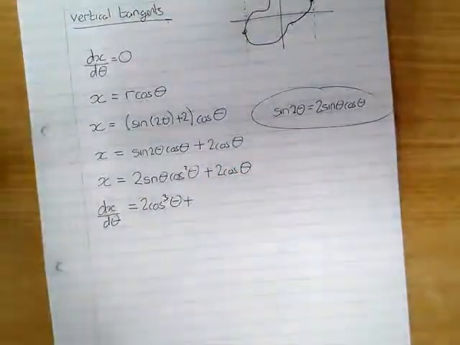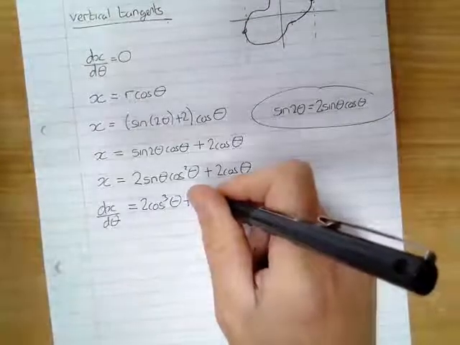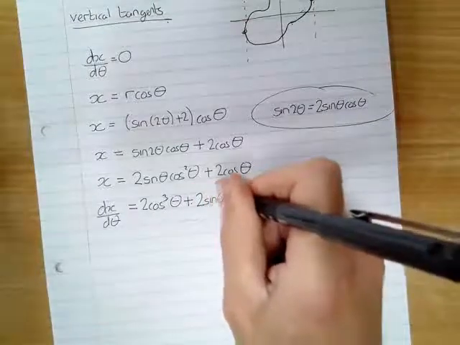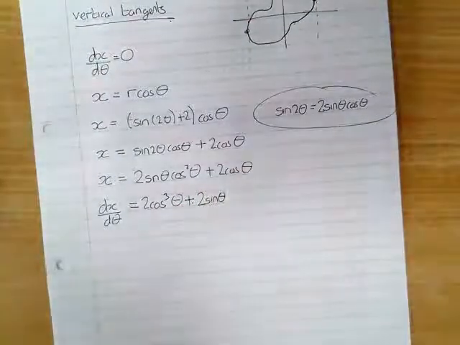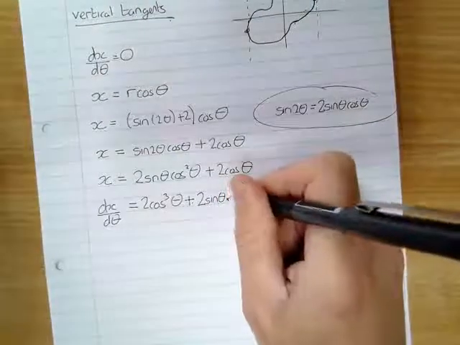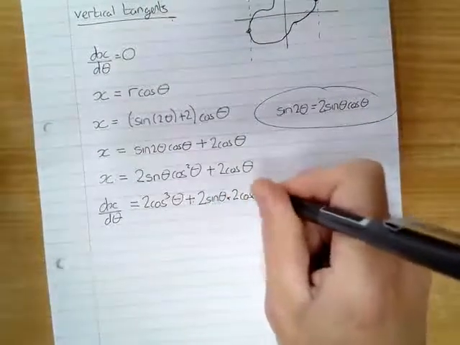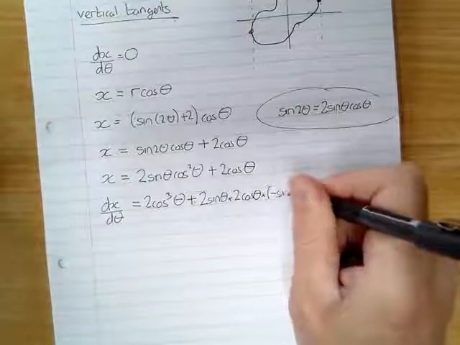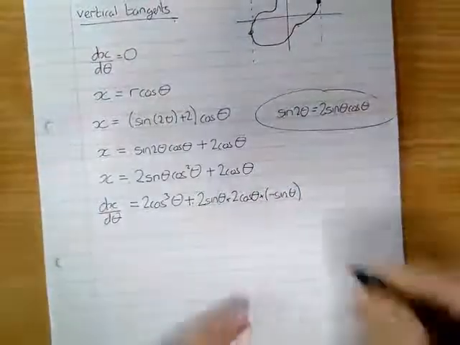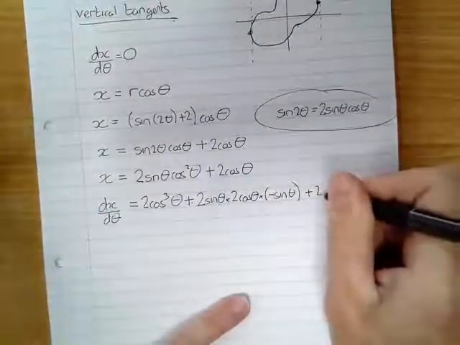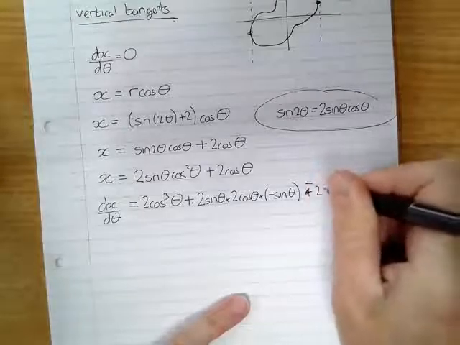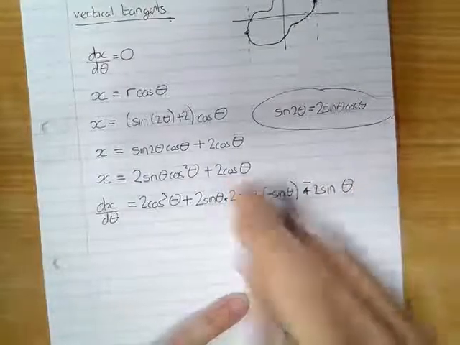So I'm going to get 2 sine theta, and then whatever the differential of cos squared theta is, which is going to be 2 cos theta times minus sine theta using the chain rule, and then plus the minus 2 sine theta on the end when I differentiate the cos theta.